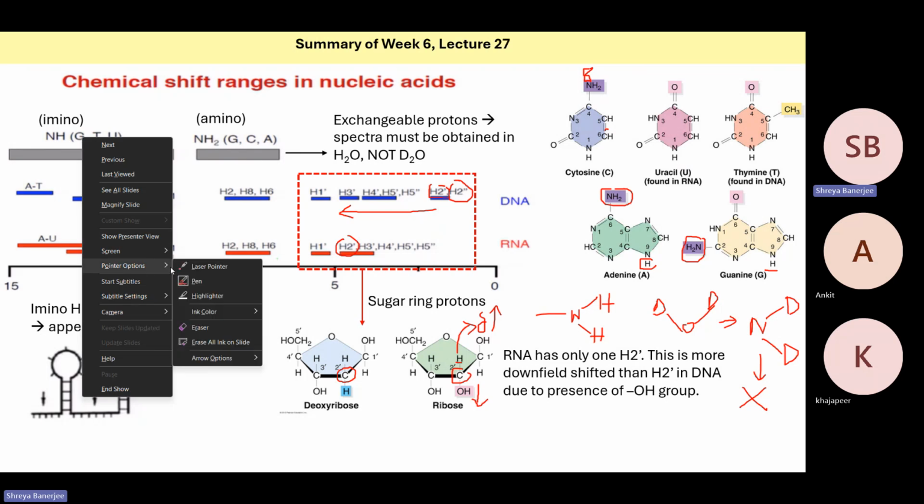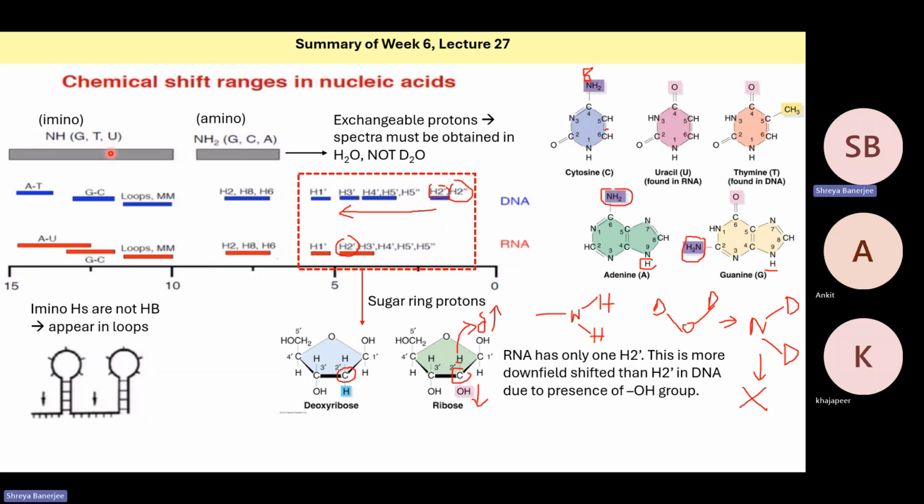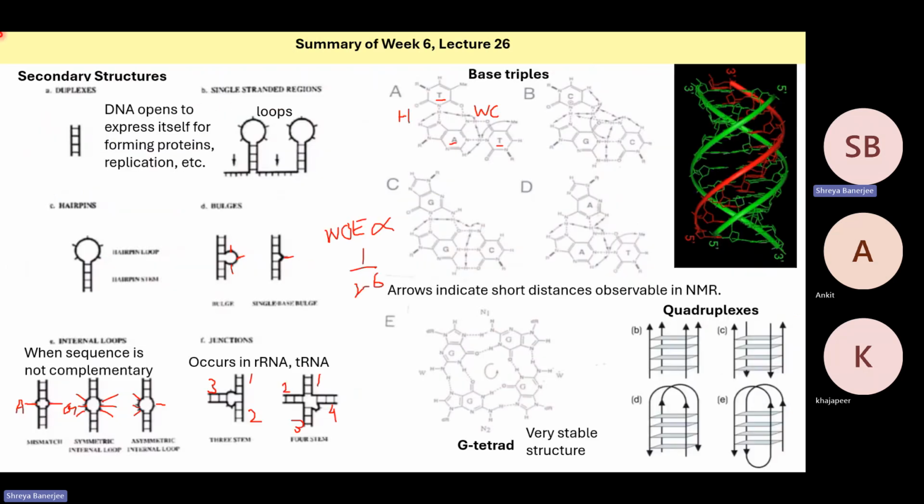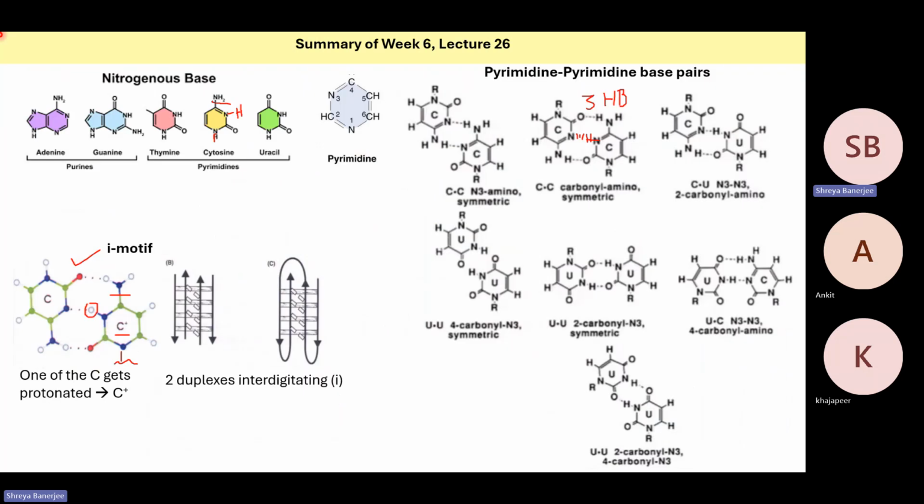So these you will normally be able to see. And also imino protons are often involved in hydrogen bonding. Amino protons, although they are involved in hydrogen bonding, one amino proton is always free. So if you look at the hydrogen bonding here, you can see this amino proton is free. This is involved in hydrogen bonding. So the free amino proton can always exchange with the solvent and hence it will disappear if the solvent is D2O.